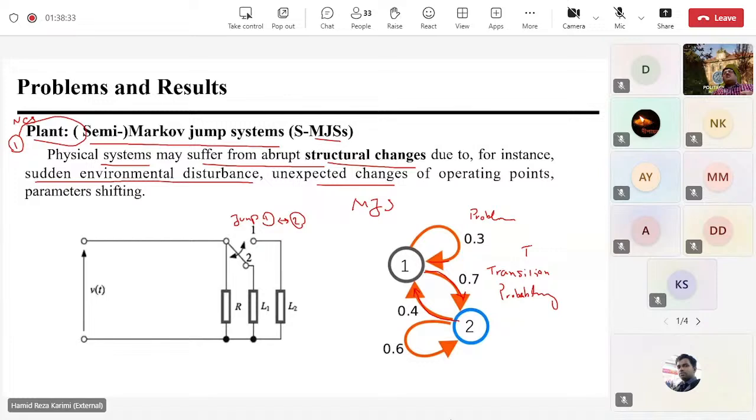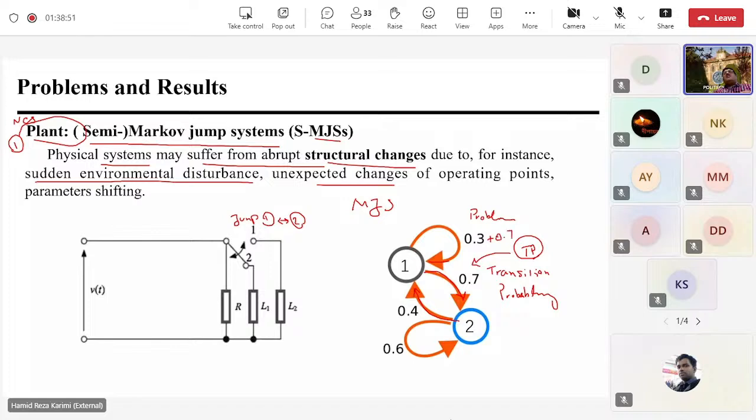So for the TP 0.7, the system goes from 1 to 2, or with the probability 0.3, it remains at 1. Now you can see that 0.3 plus 0.7 equals 1.